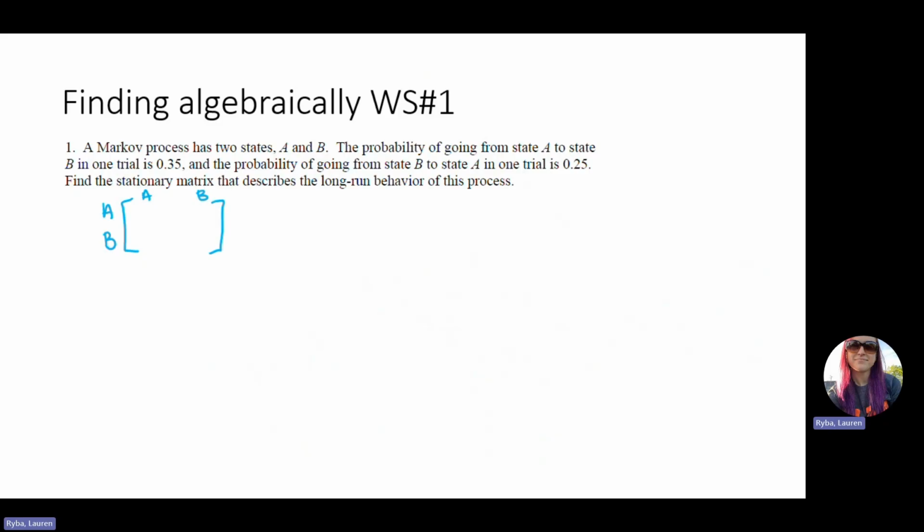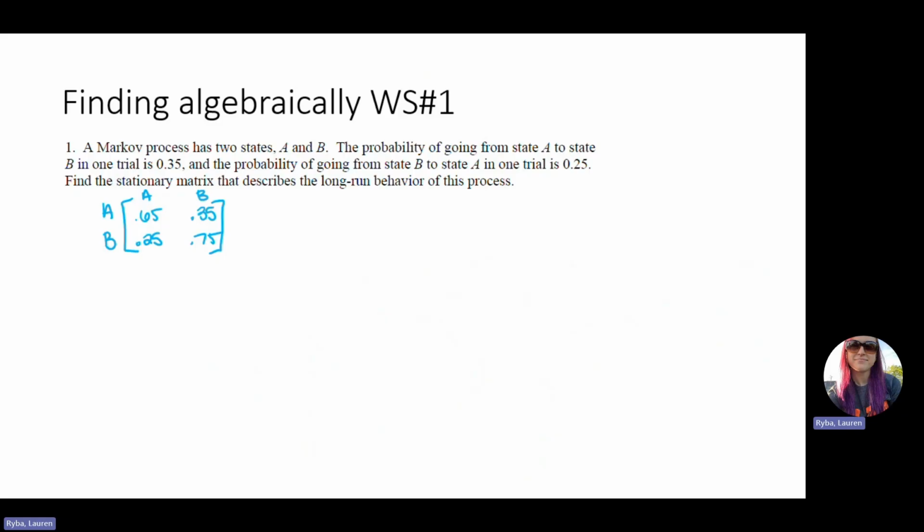The probability of going from state A to state B in one trial is 0.35. That means the remaining 65 will stay in A. The probability going from B to A in one trial is 0.25, meaning that 0.75 will stay in B. Find the stationary matrix that describes the long-run behavior of this process.